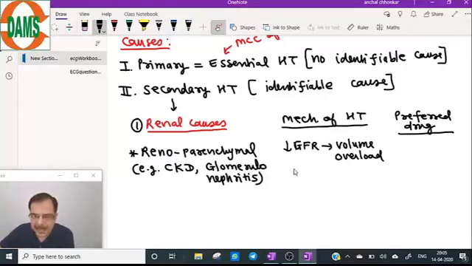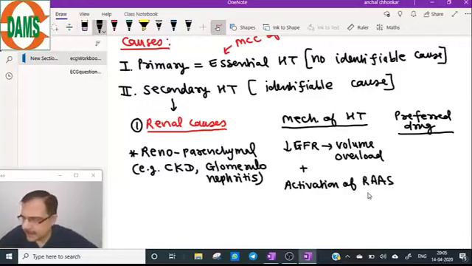So the second mechanism is activation of RAAS, the renin angiotensin aldosterone system. These are the mechanisms of hypertension for renoparenchymal causes.